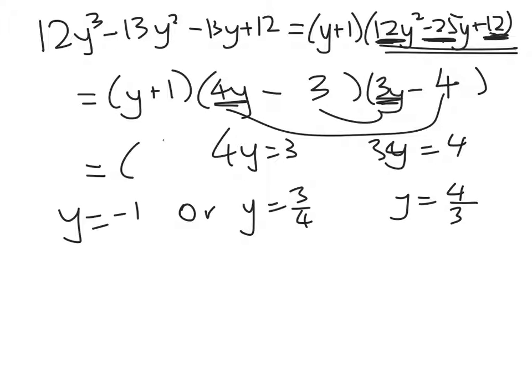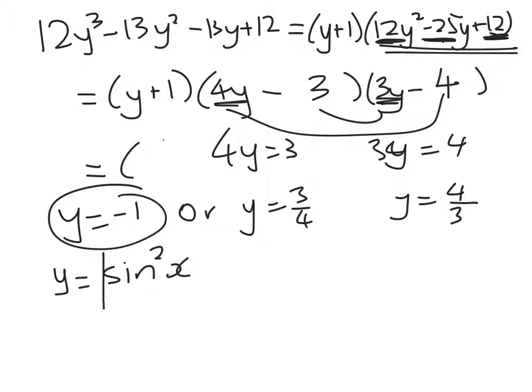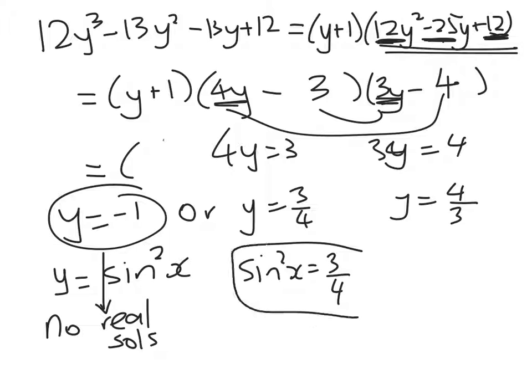But let's have a look at what y was. Y was equal to sine squared of x, and we're looking for real solutions. So from this one, there's no real solutions, because sine squared x equals negative 1 has no real solutions. Sine squared of x equals 3/4 is looking promising. We're going to come back to that one.